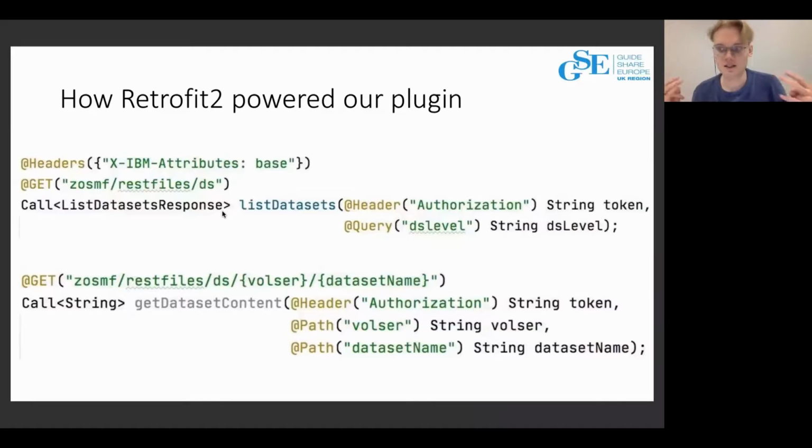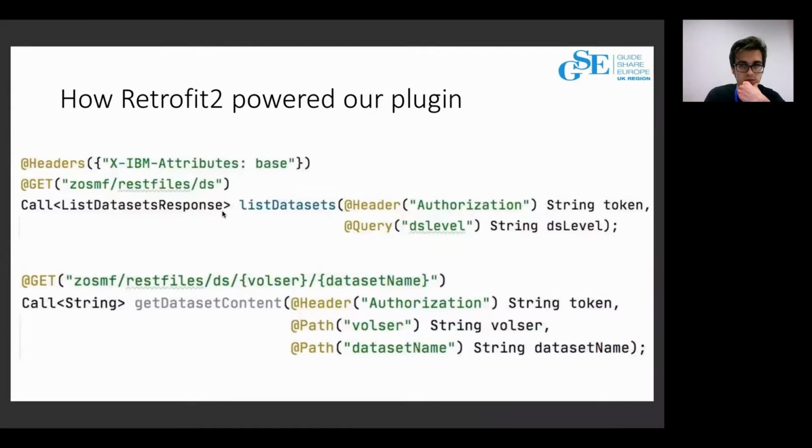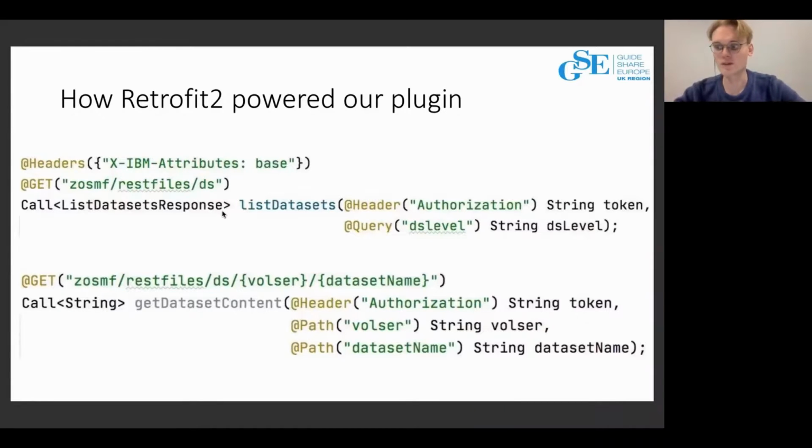One of our targets is to completely cover all the zOSMF requests using this library named Retrofit 2, and make it available for everyone and make it open source. If you're writing a Java application and at some point you want to use the zOSMF API, you will just download our library and add it to your project or simply fetch it from the Maven repository. Okay, next.